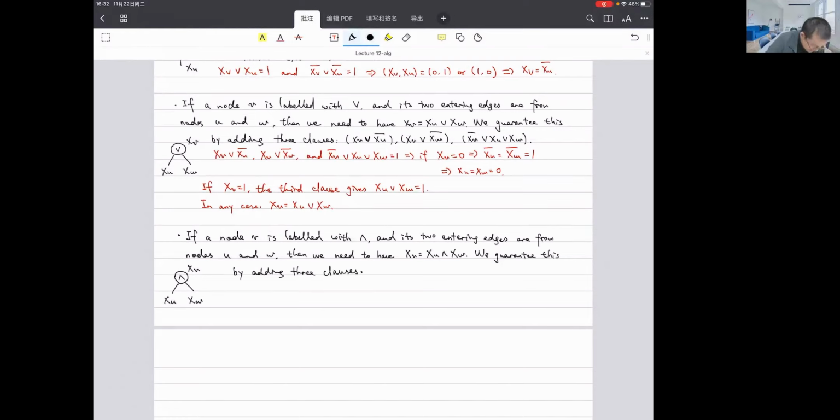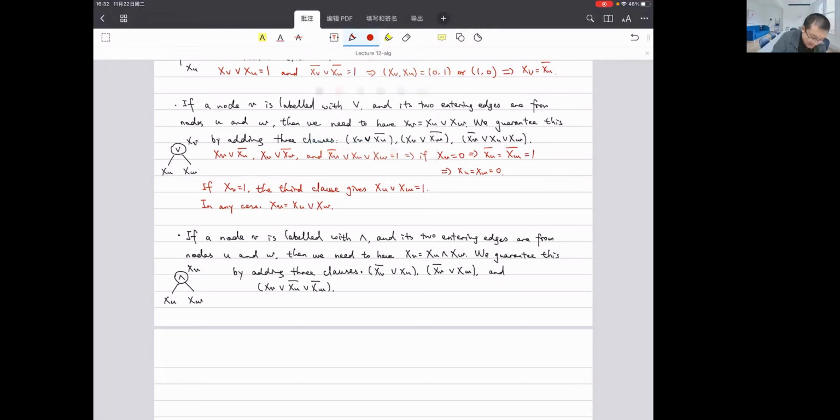The three clauses that we add are: not XV or XU, not XV or XW, and XV or not XU or not XW.